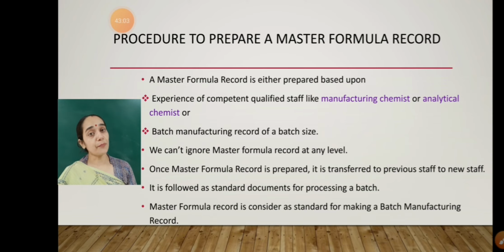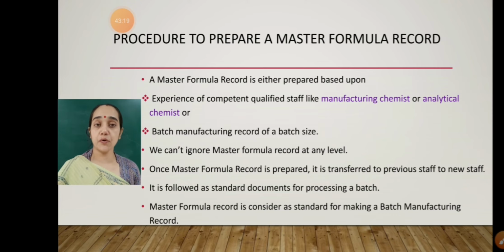Now once they have prepared this master formula record, it is not that they are going to manufacture the same batch throughout their life. If a new individual comes and has the duty of manufacturing that product, then they will be assigned that duty and the master formula record will be handed over to them, so that they will work according to the standards of that document and achieve reproducibility of the product.